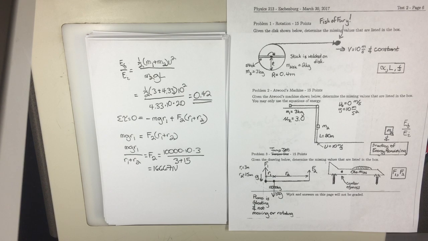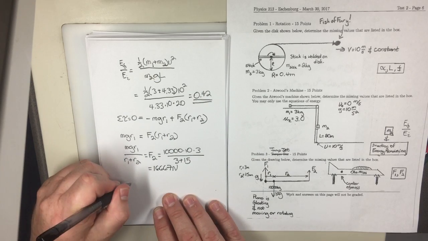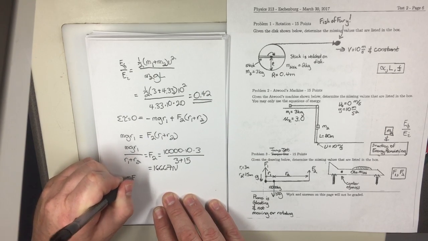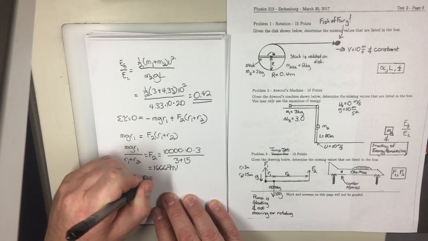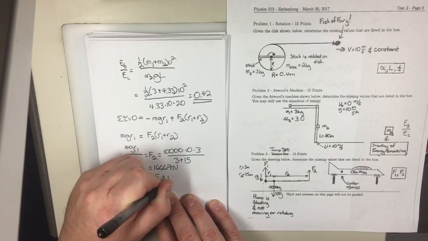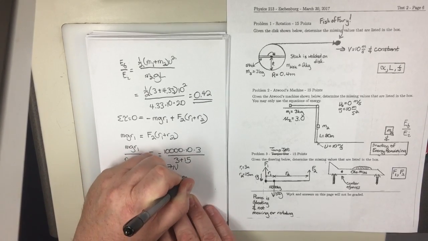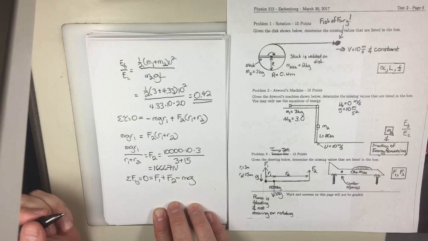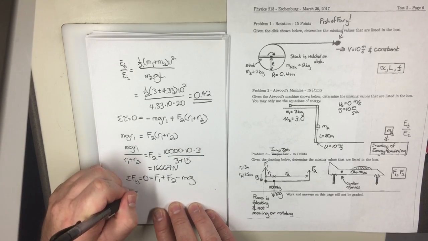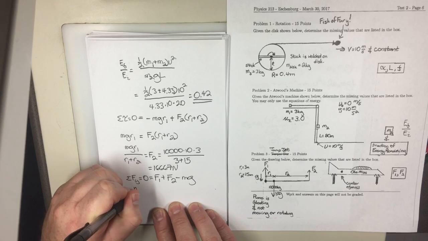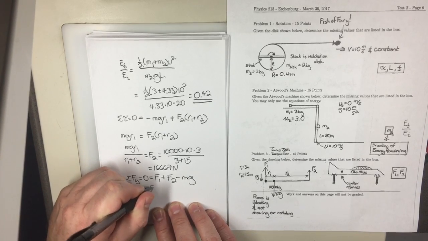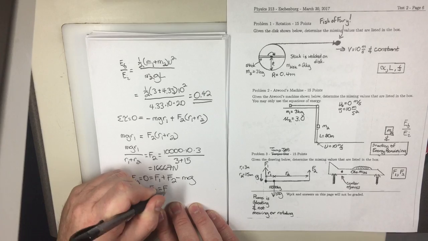That's F2. Now for F1, we could do the same thing, sum up the torques, but the easiest way is to just say it's not moving up or down. So if it's not moving up or down, then the sum of the forces in Y is equal to 0, which is equal to F1 plus F2 minus mg is equal to 0. We solved for F2, let's find F1. mg minus F2 is equal to F1.